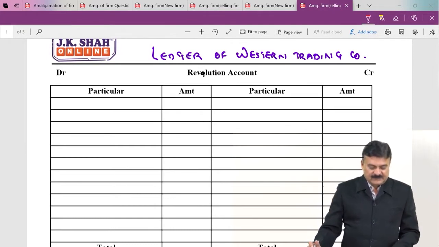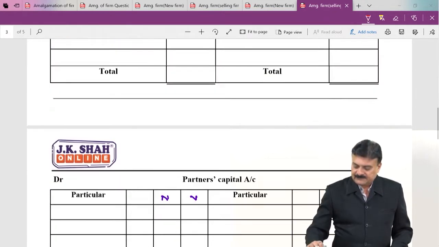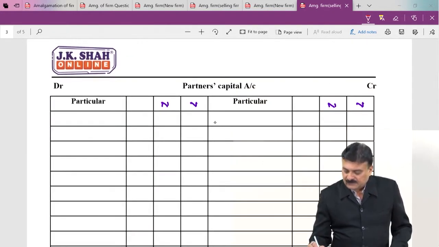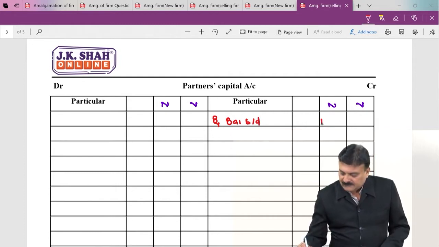Capital of Naveen and Vasant 1,53,000 and 1,10,000 will go to capital account credit side by balance brought down. Naveen 1,53,000 and Vasant 1,10,000.